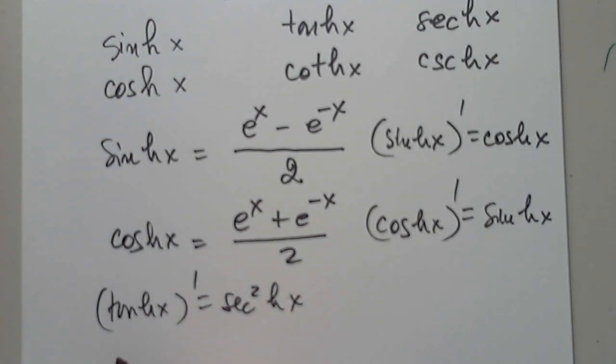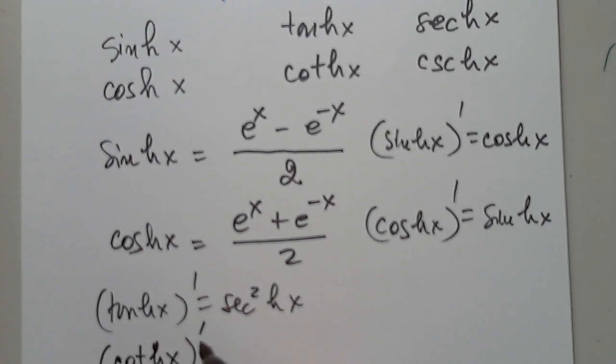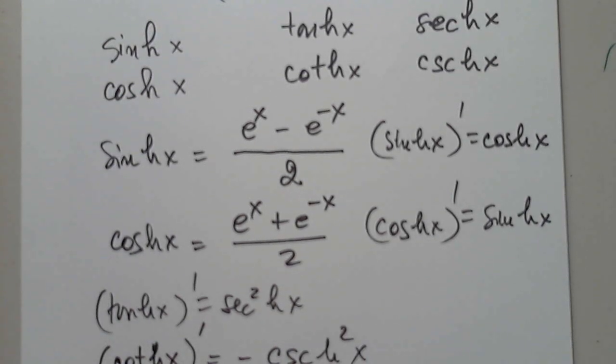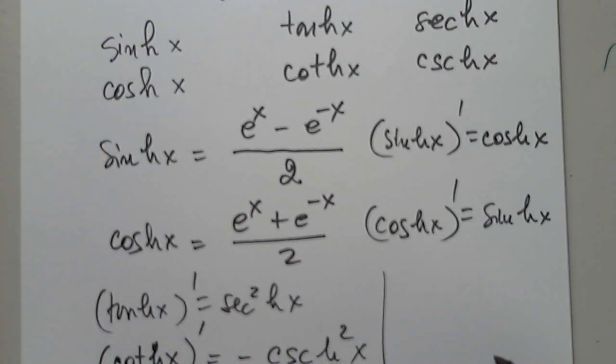And cotangent is negative hyperbolic cosecant squared. So the same thing, no change. It's just that that h is in the formula right now. It's just that the last two have both minus.